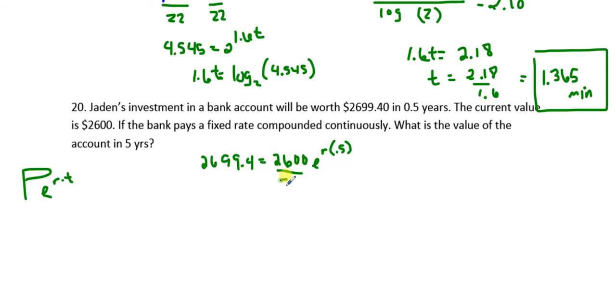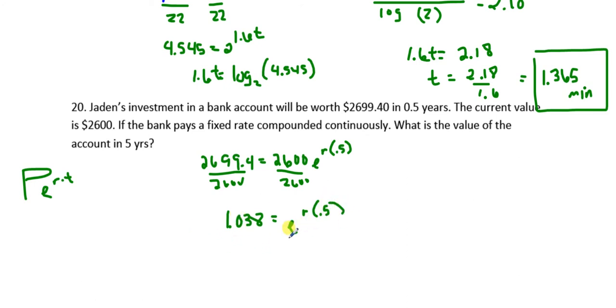So divide by 2600, and we get 1.038 equals e to the rate times the time, 0.5.